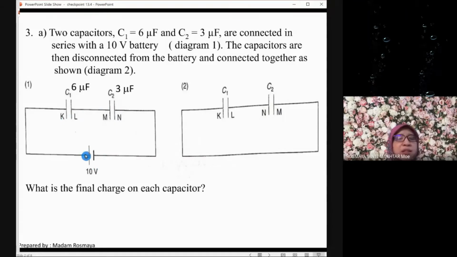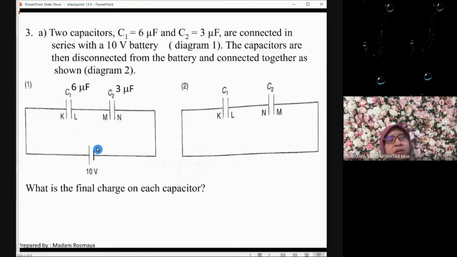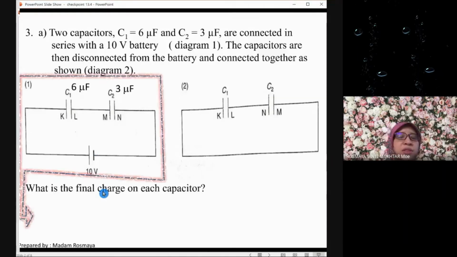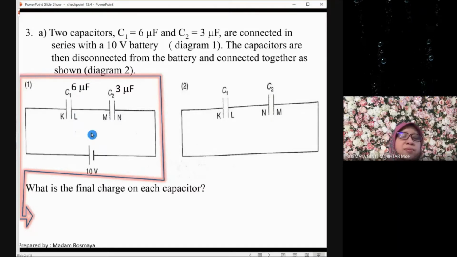So the voltage is 10, and the capacitance will be the total capacitance. So we can calculate the final charge Q using Q equals CV. The capacitance C is the total capacitance.